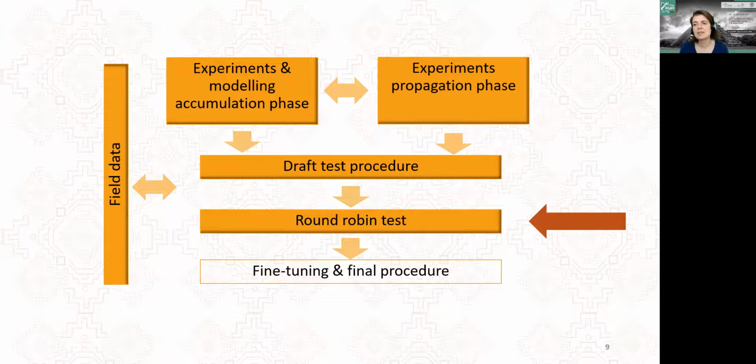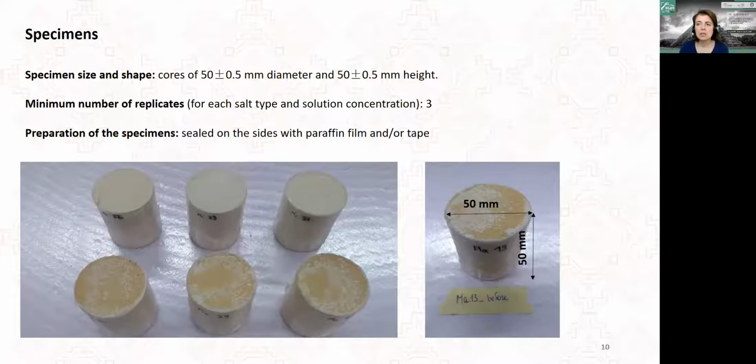And now we are testing the same procedure on 8 different substrates at different laboratories in a round robin test. We will fine tune the procedure in the coming months, and we will publish it in 2022. In the next slide, I will describe the details of the procedure as it is now.